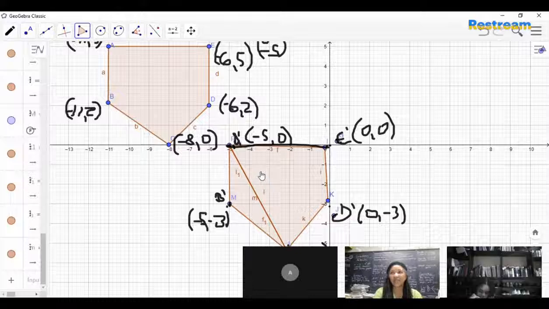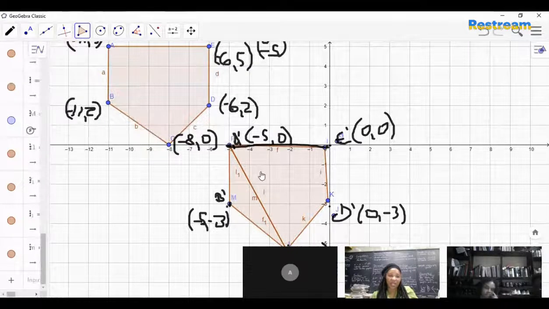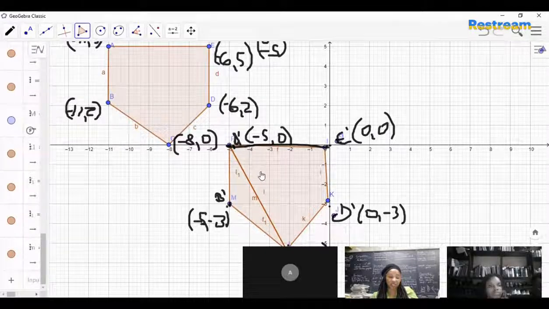When we did the reflection last week, what changed about the object? If it's reflected in the x-axis, the y value will stay the same, and the x value will change. In terms of looking at the object itself and the image, did the size change? No, miss. Did the orientation change? Yes, miss.